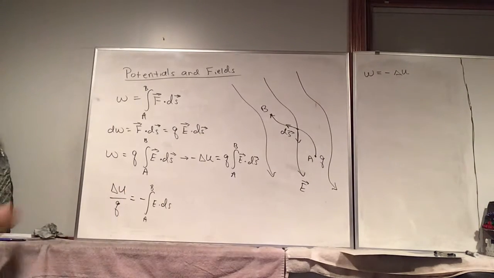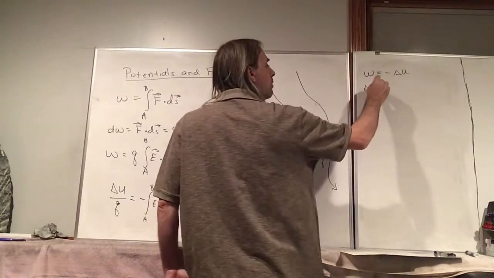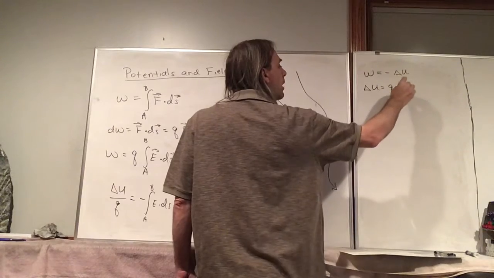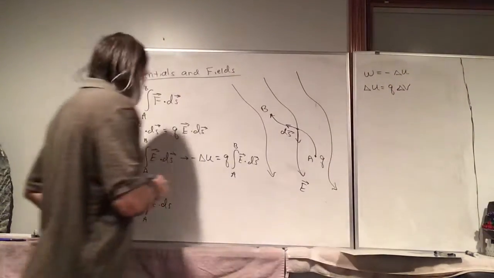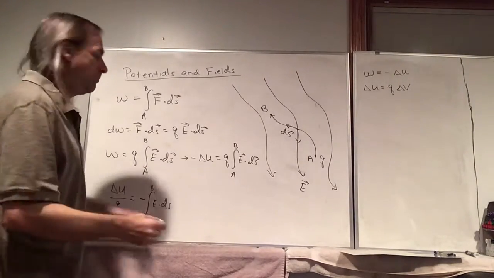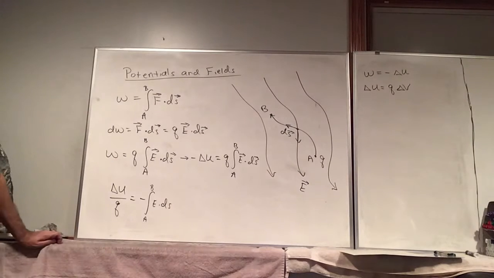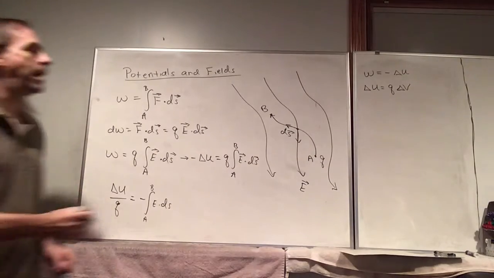And this right here, so we have our basic result: delta U is equal to Q delta V. So delta U over Q is delta V, and this is an important result, so I'm going to write it on the other board and keep it there. This is delta V, this is VB minus VA.